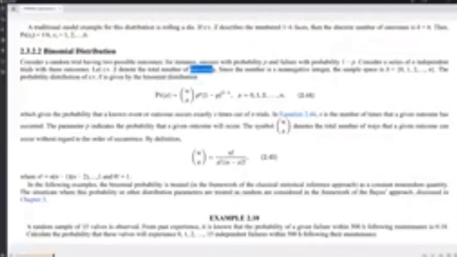So if we are interested in having the head face of a coin, then after tossing 10 times, maybe we are interested in how many times we are going to have the head face.